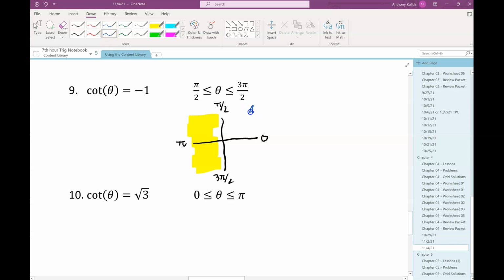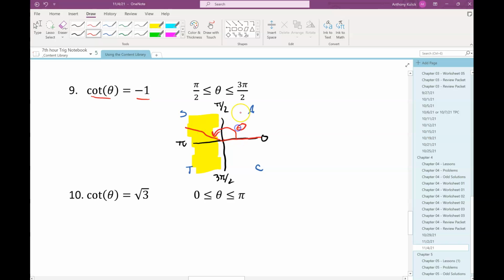If I do all silly turtles crawl, I have to remember that cotangent is the reciprocal of tangent. So wherever something is positive, its reciprocal is also going to be positive. And if it's negative, its reciprocal also is going to be negative. So basically, I'm just looking for where tangent is going to be negative. So is that the second S? That's in the second quadrant. Very good.